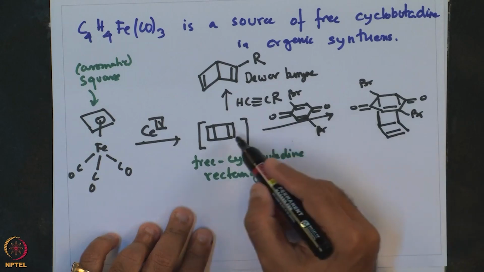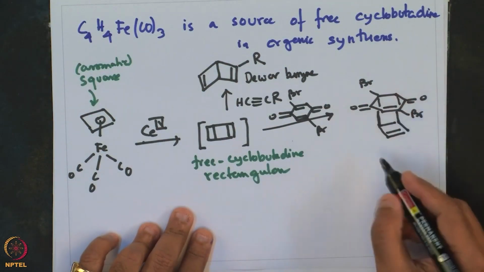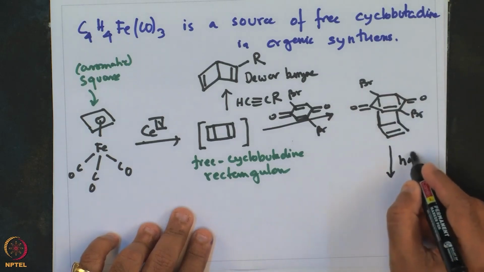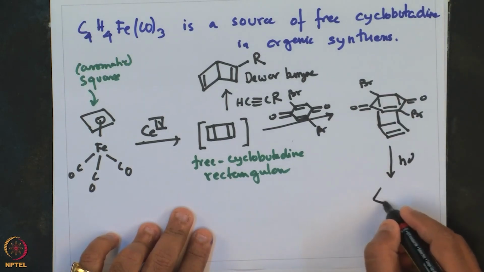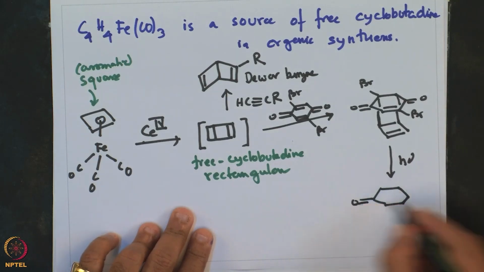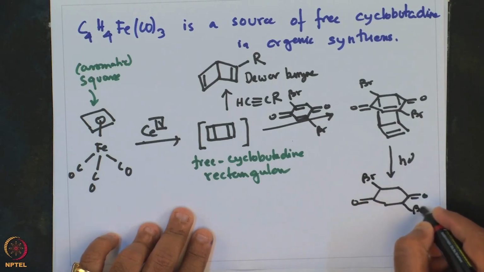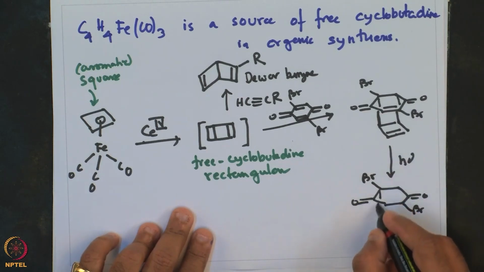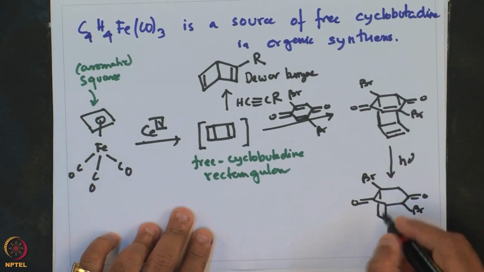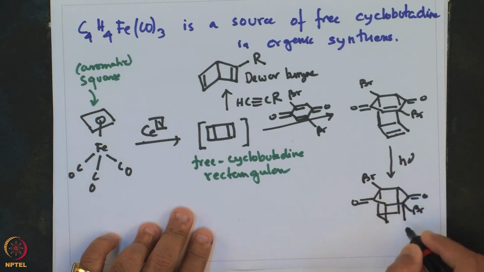So, here one of these undergoes 2 plus 2 cycloaddition with the quinone, which in presence of light further undergoes a 2 plus 2 cycloaddition reaction, leading to the formation of a cubic compound of this type.